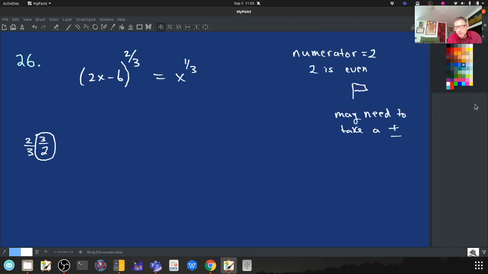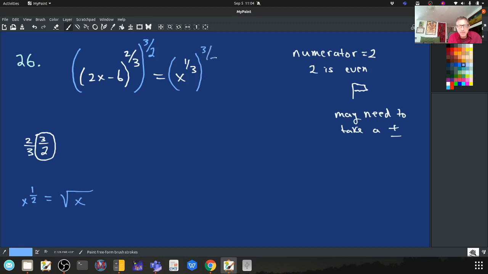And so what I'm going to do is I'm going to raise both sides to the 3/2 power. Now notice that the 2 is in the denominator. And recall, x to the 1/2 is the same as the square root of x. Remember, sometimes when we use the square root property, we have to take plus or minus. So we're going to do the same thing over here. We're going to raise this to the 3/2 power.